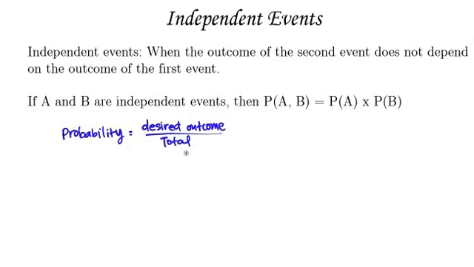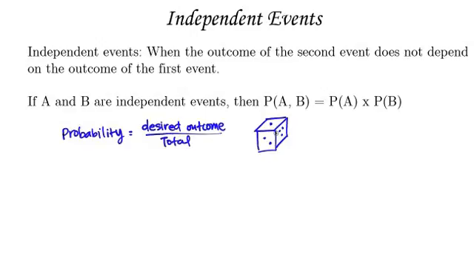Now, if I have a die, a number cube, we're going to talk about number cubes in our examples later. A number cube has 6 sides, and each side has a different number of dots, 1 through 6.